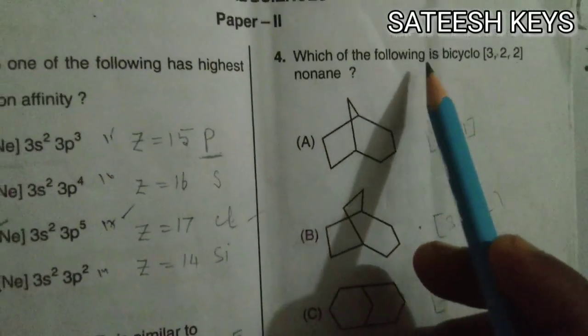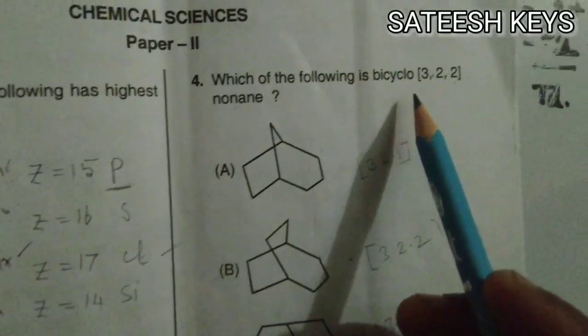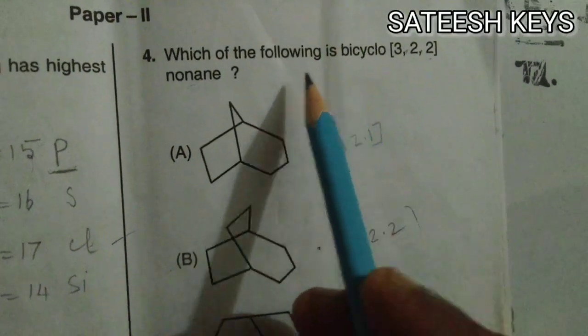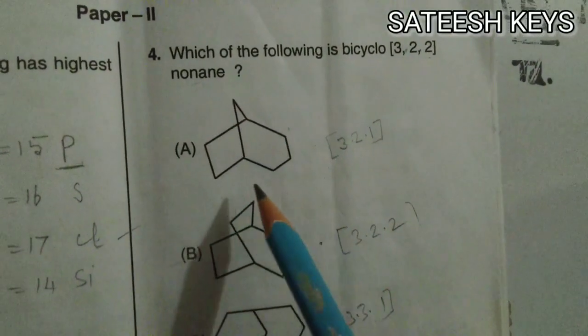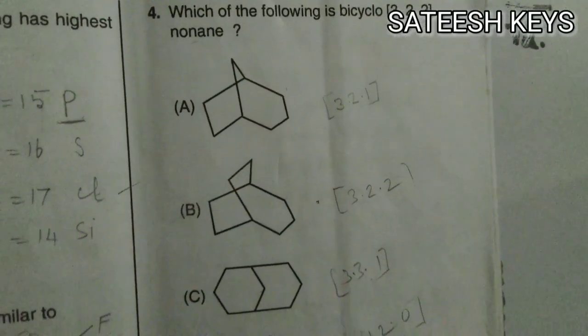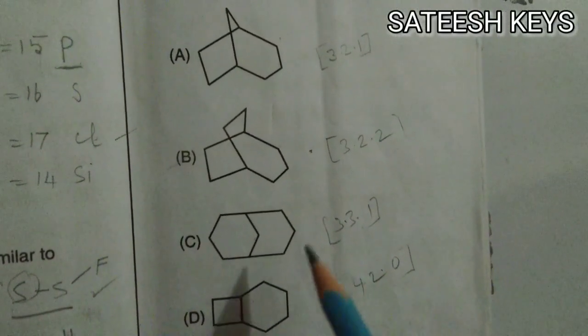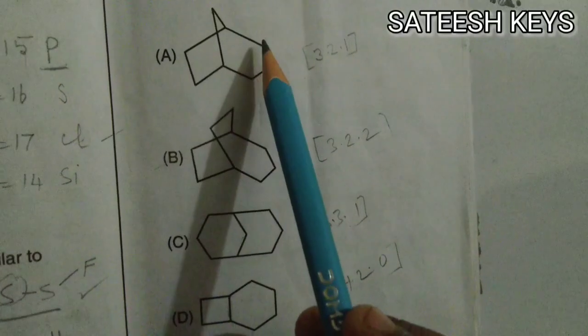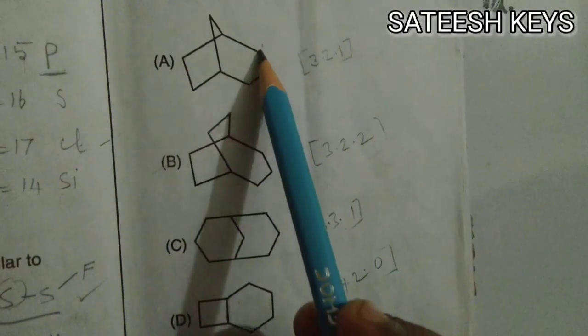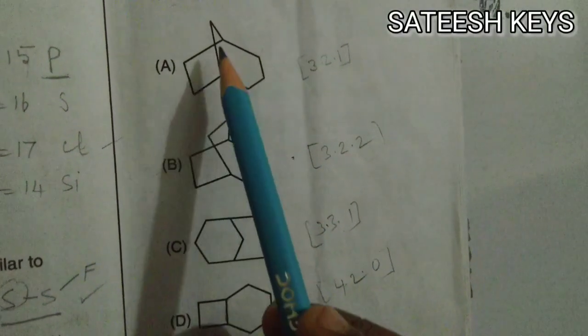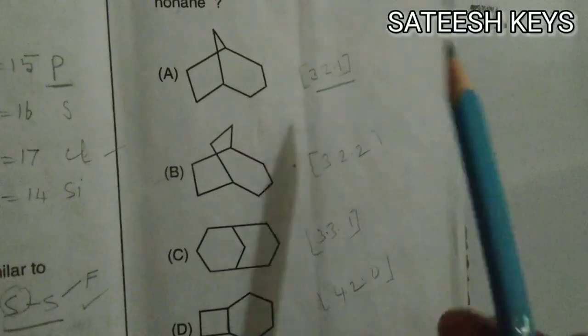See the fourth question. Which of the following is bicyclo 3,2,2 nonane? See all the options A, B, C, D. In A, this is a 3 1 2 3 2 1 structure.